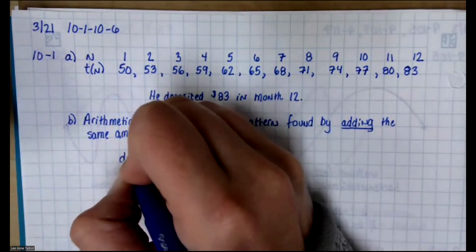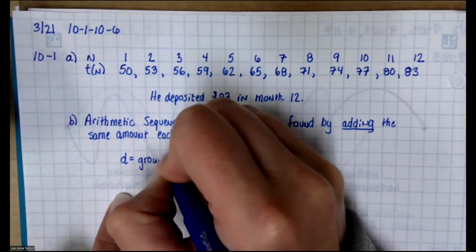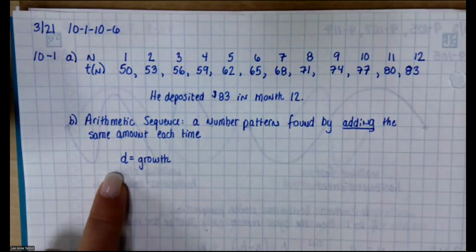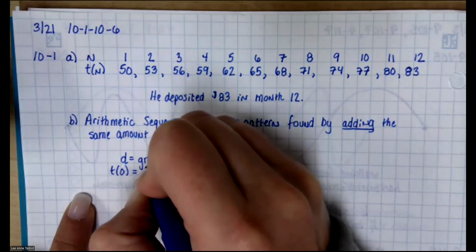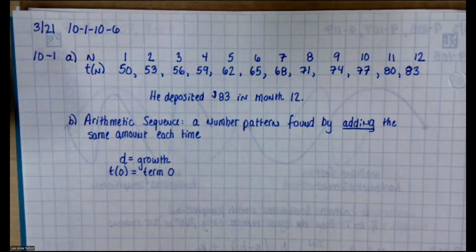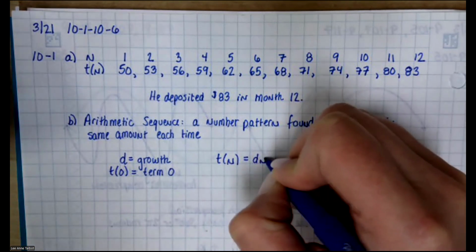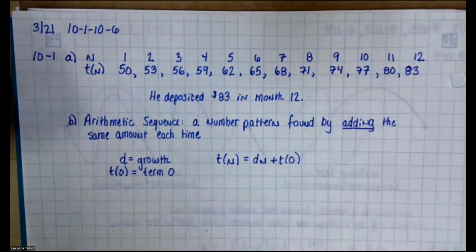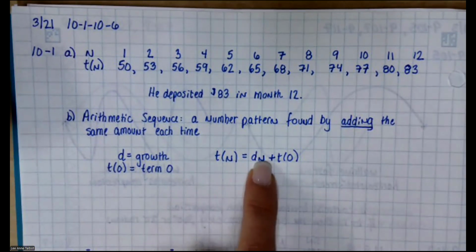Okay, and let's define our letters. So d is the growth. And the reason that it's d is because it's difference. T0 is term 0. The equation is T of n equals d n plus T0. So y equals mx plus b.